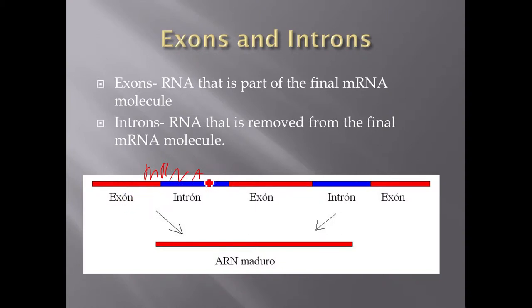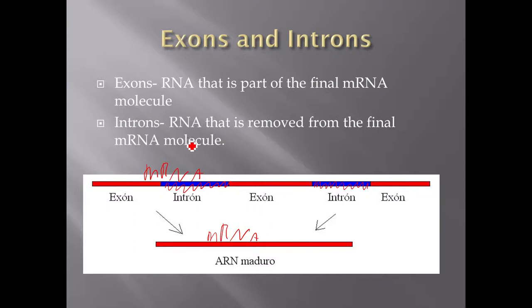Well, what happens is that these sections we call exons get cut out of the mRNA molecule and get put into another mRNA molecule. And these parts called introns, which are the parts right here, get removed by enzymes, leaving you with just the exons.